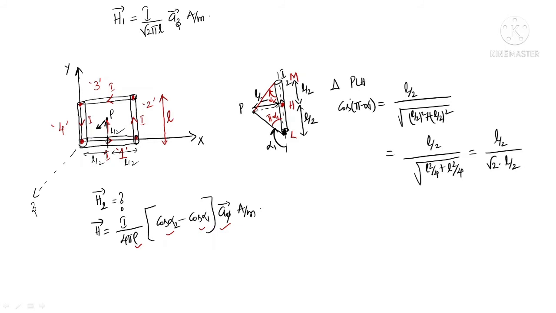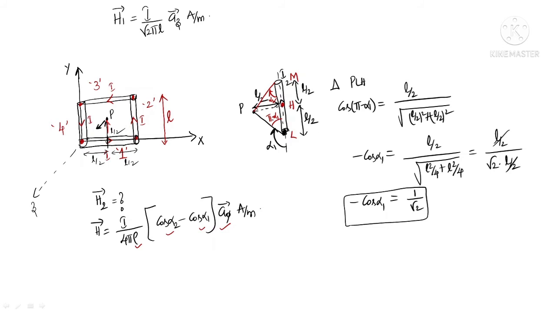What is cos(pi minus alpha 1)? Cos(pi minus alpha 1) is minus cos alpha 1. So again L by 2 gets cancelled. So the value of minus cos alpha 1 is 1 by root 2.